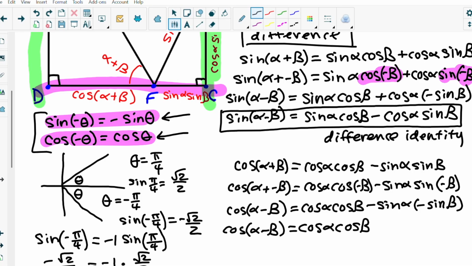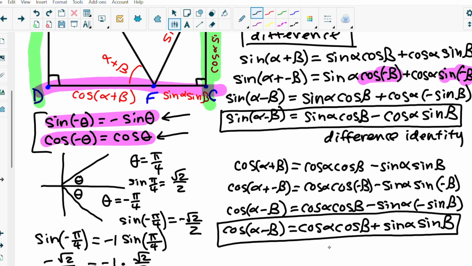Okay, let's clean this up. Negative and negative is positive, and I end with sine of alpha, sine of beta. This is our cosine difference identity.